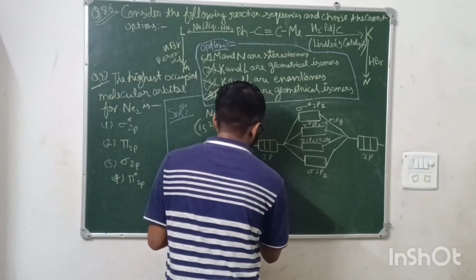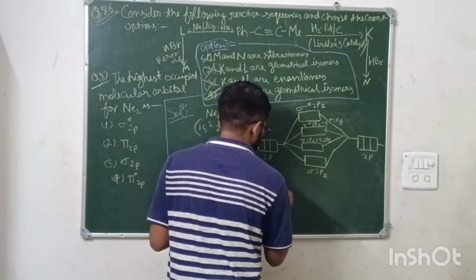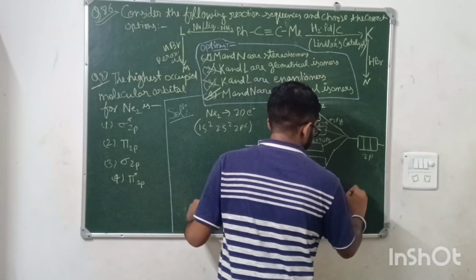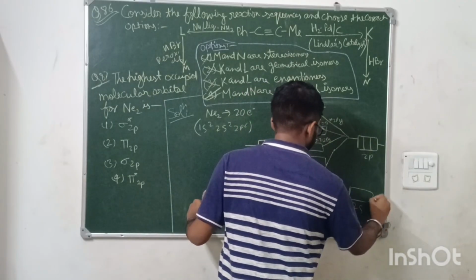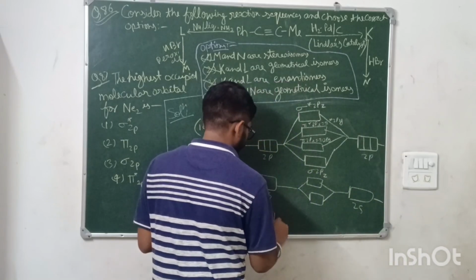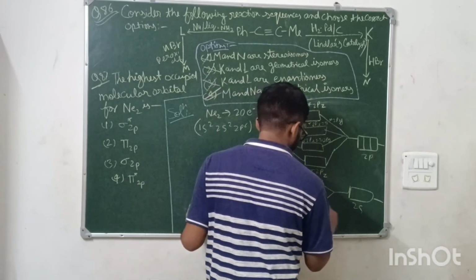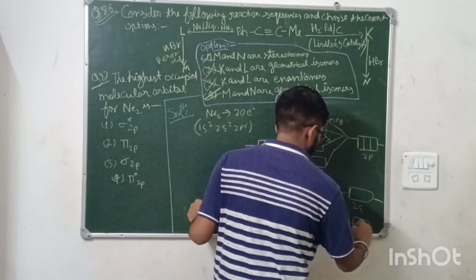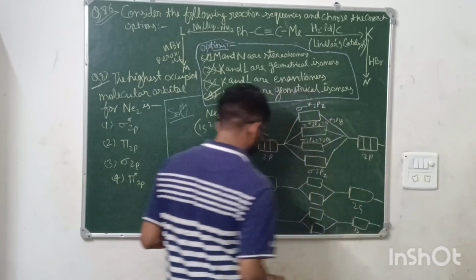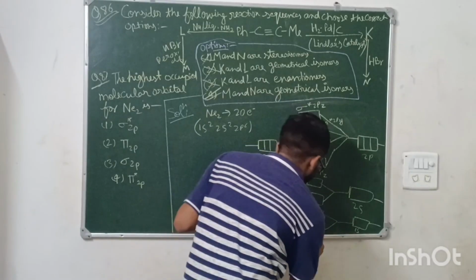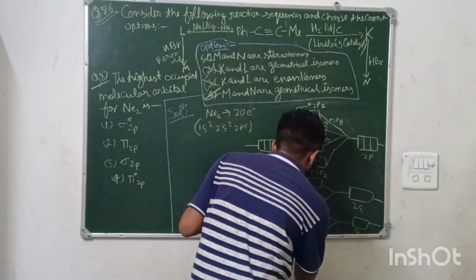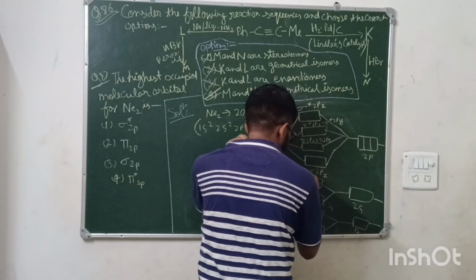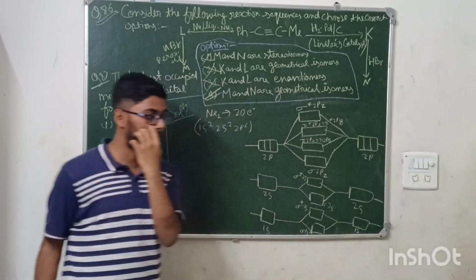Now for the 2s, this is the 2s orbital, and for 1s, this is 1s. This is sigma 1s, sigma star 1s, sigma 2s, and sigma star 2s. Now filling the electrons here.